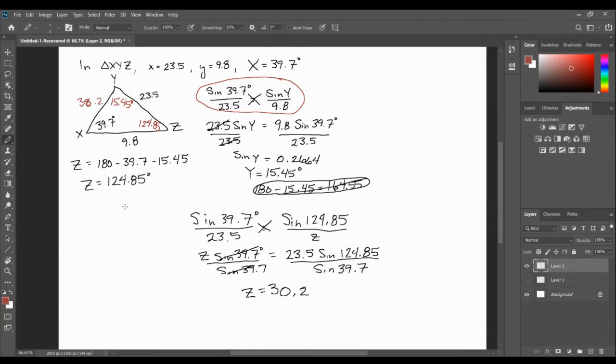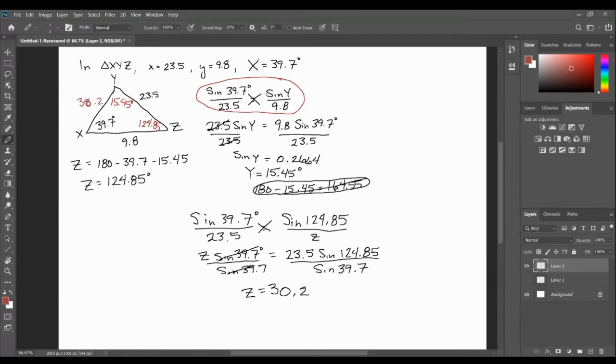All right. So that had one solution. It didn't have the no solution we had with the first one, and it doesn't have two solutions. We checked that because the supplement of our angle Y would not work with the 39.7, which is the test I always do to determine whether or not I might get two solutions.